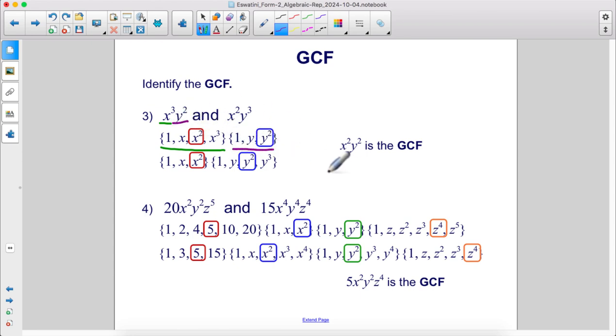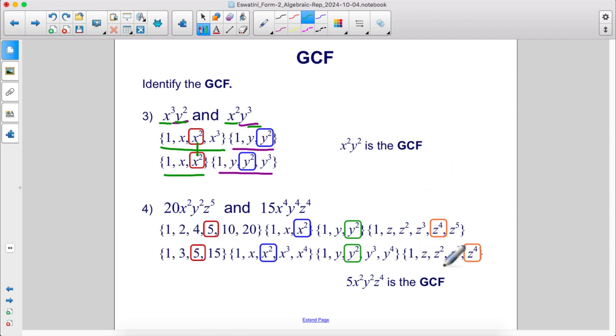So we do that for those two. Then we have all the factors of x squared and all the factors of y cubed here. All right. Then we look through and we see, okay, x squared is the greatest common factor for x cubed and x squared. And y squared is the greatest common factor between the y terms. So therefore, x squared times y squared is going to be the greatest common factor.